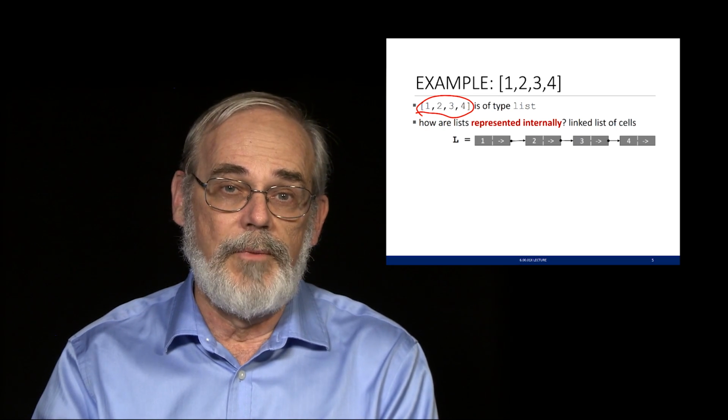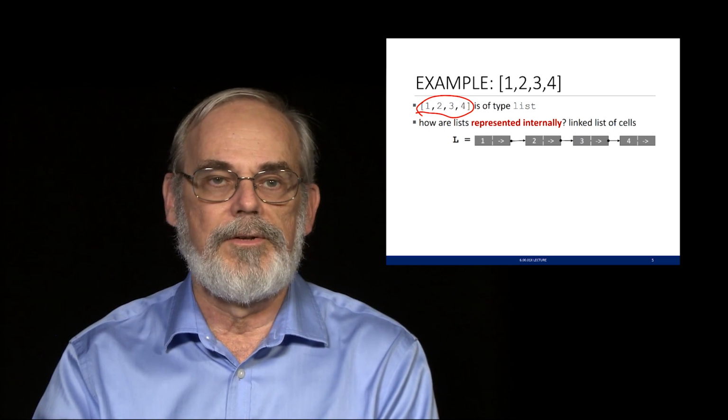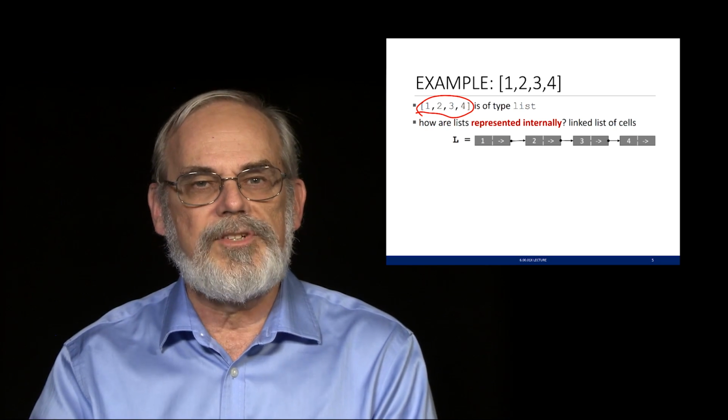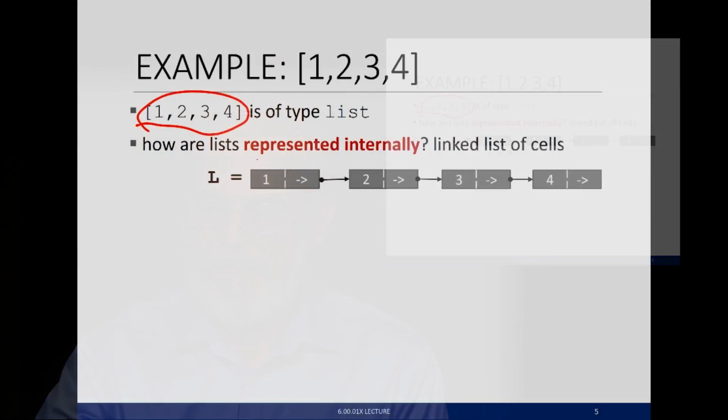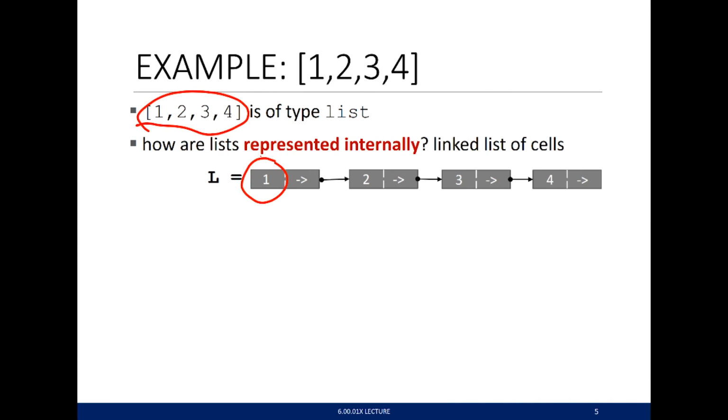So in fact, the more common way to represent a list is using something called a linked list, where the list points to a cell in memory, actually to a pair of cells in memory, the first one of which contains either the object or perhaps even a pointer to an object elsewhere, and the second which points to or links to the next location in the list. It might be the next spot in memory.